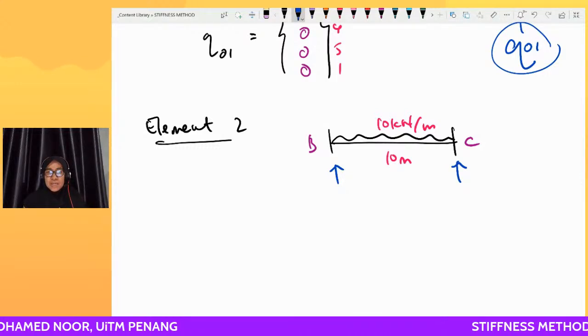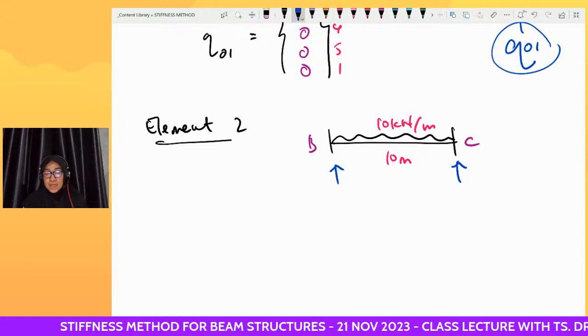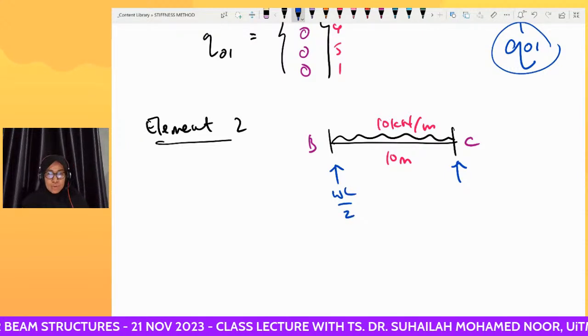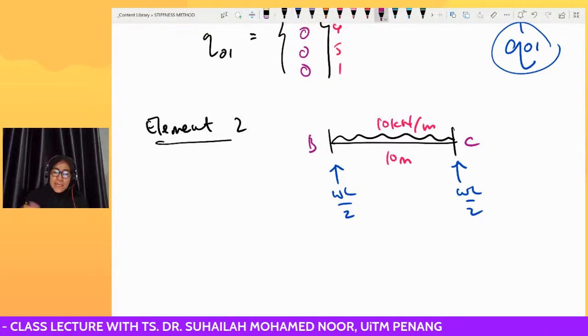For the vertical reaction, it is WL over 2, WL over 2 at each end.